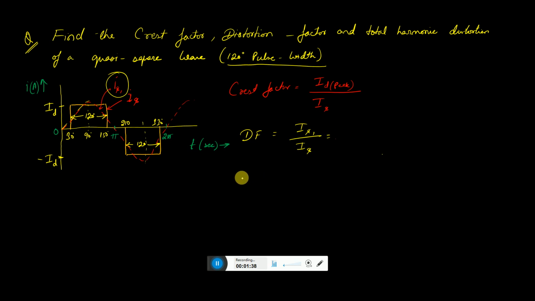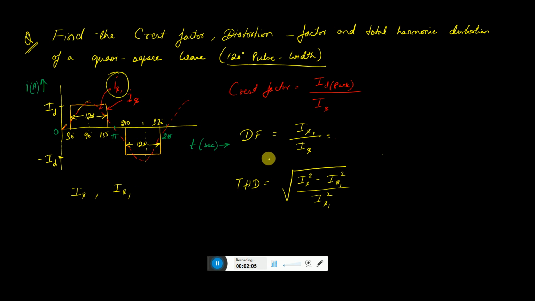And the last one is the THD, total harmonic distortion. Total harmonic distortion is IS square, this is the total RMS value, minus the IS1 square, the fundamental component, divided by the IS1 square. That means if I can find the value of IS and IS1, my purpose is solved.